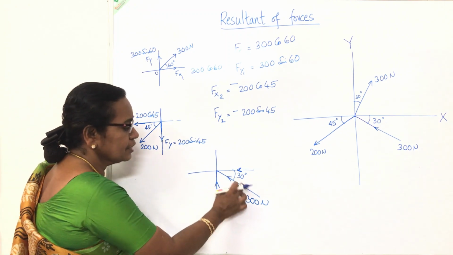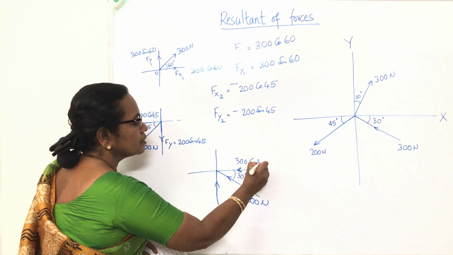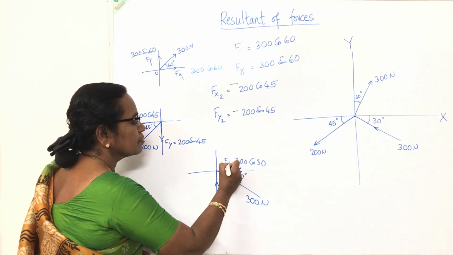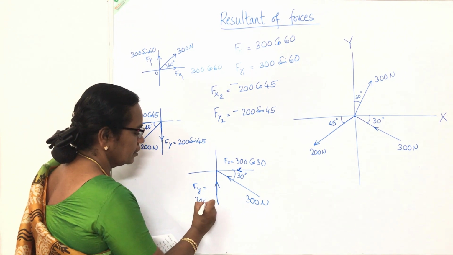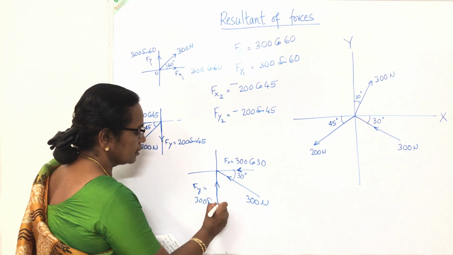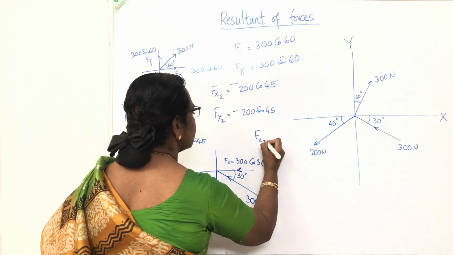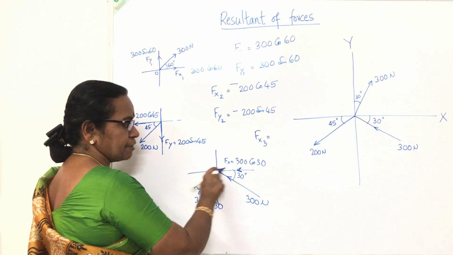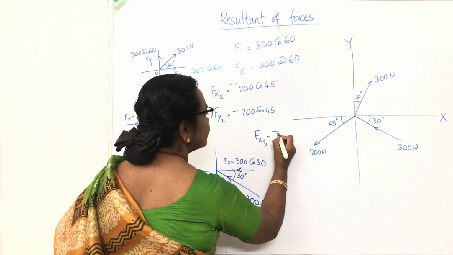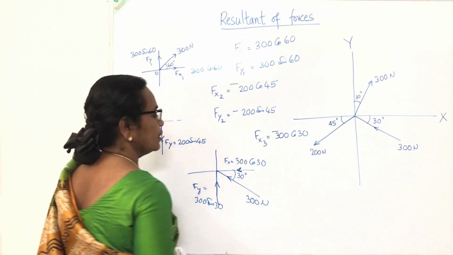This is 30 degree. So this component is 300 cos 30, Fx. This Fy is 300 sin 30. So the third force components: Fx, 300 cos 30, is towards left, so minus 300 cos 30.